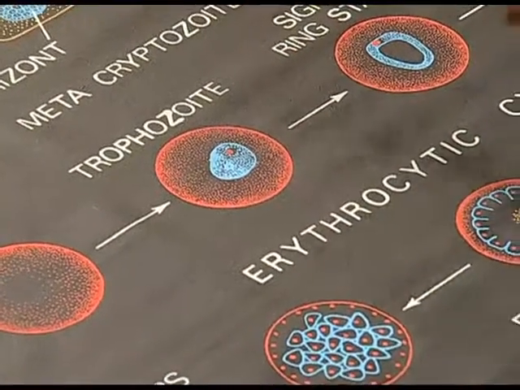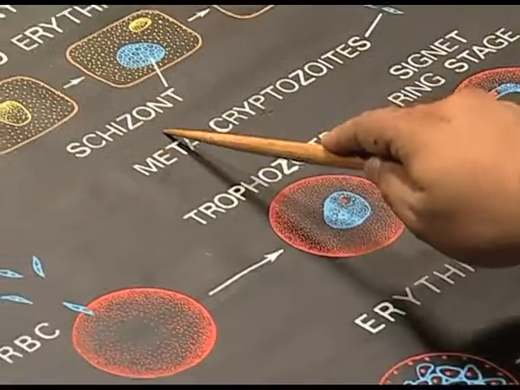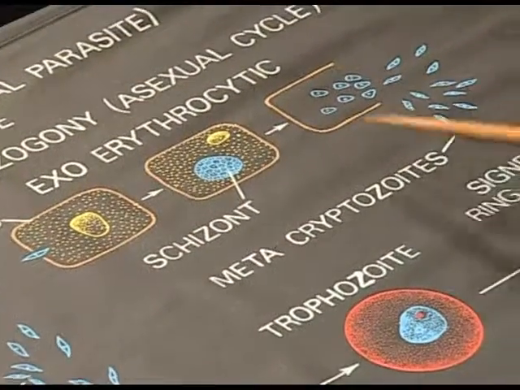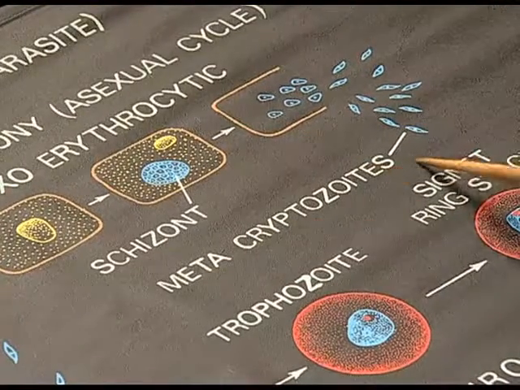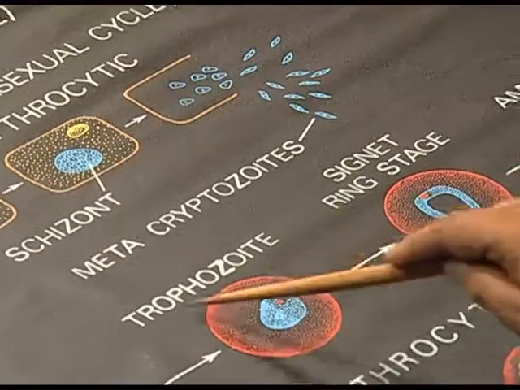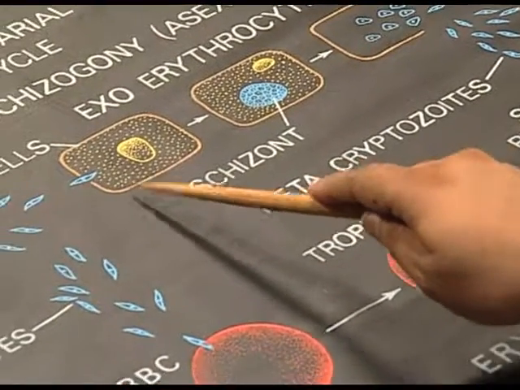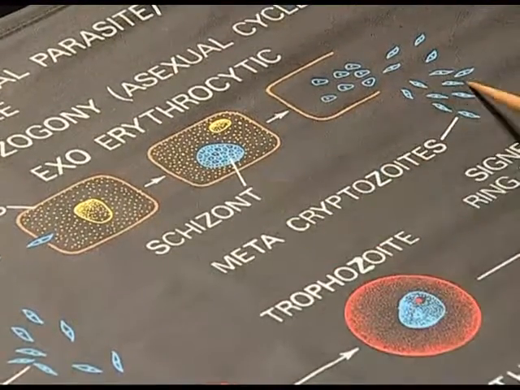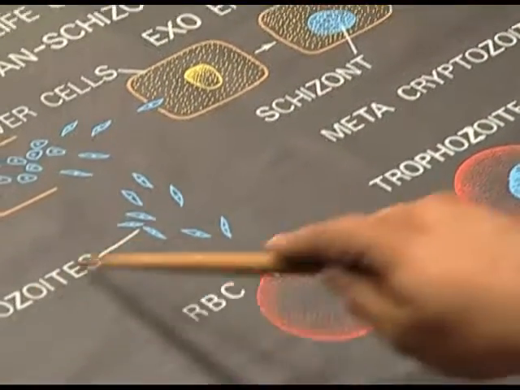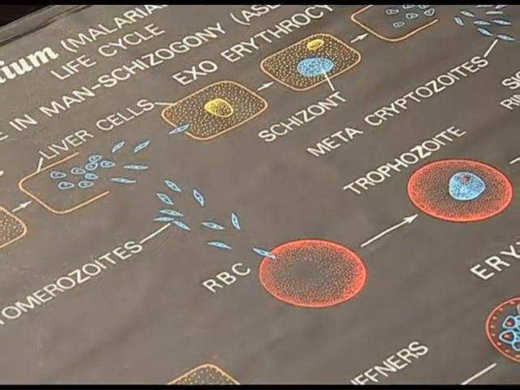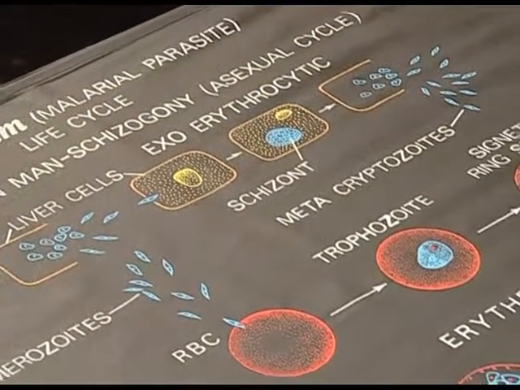On the other side, in the exoerythrocytic cycle, metacryptomerozoites are liberated and they will again reinfect or invade the hepatocyte, and this cycle goes on. All these stages are pre-erythrocytic, meaning prior to the erythrocytic cycle.